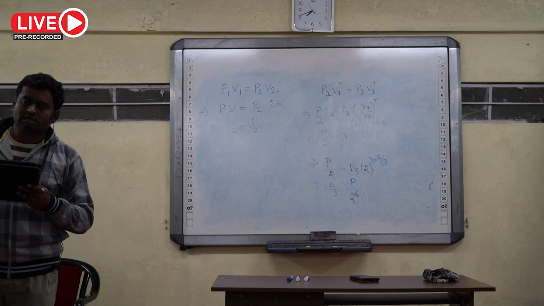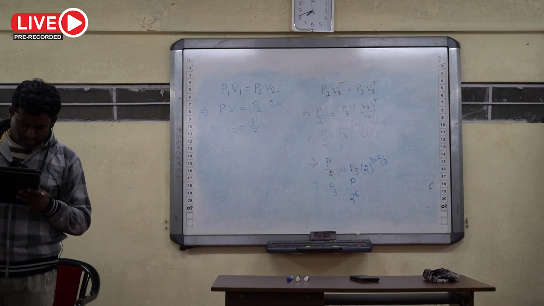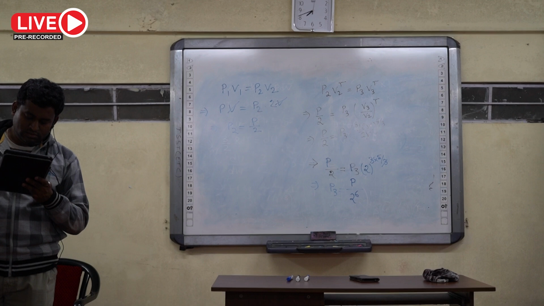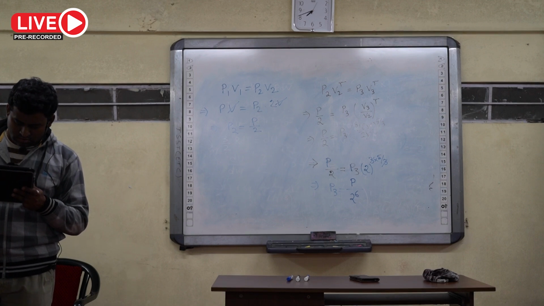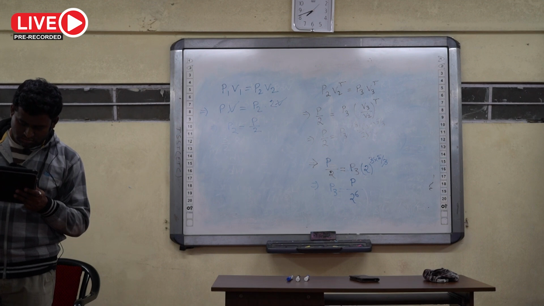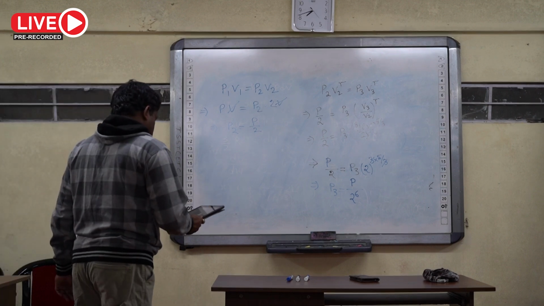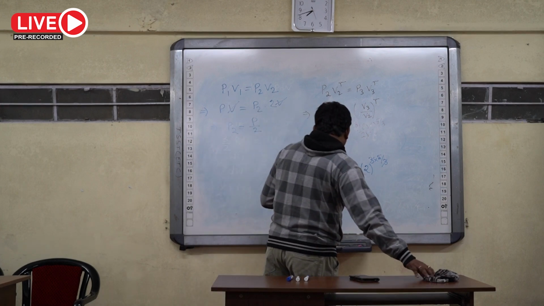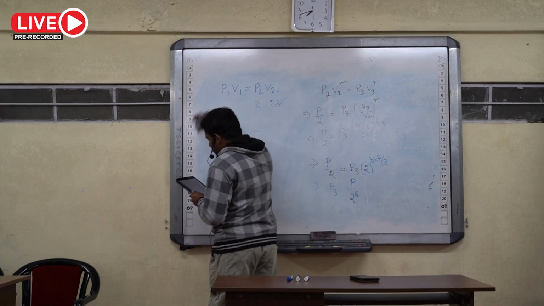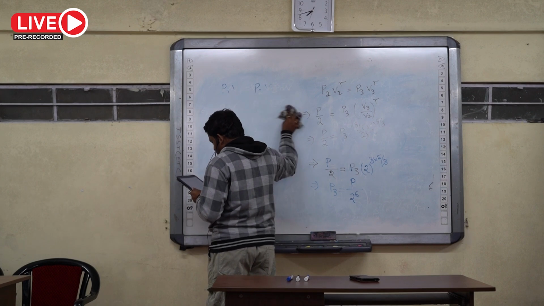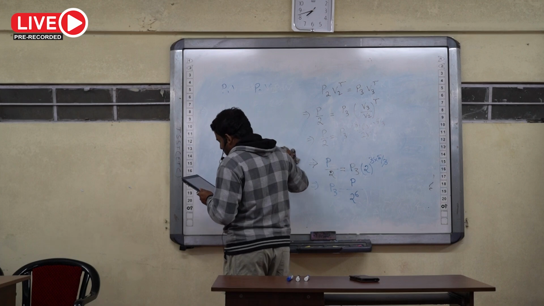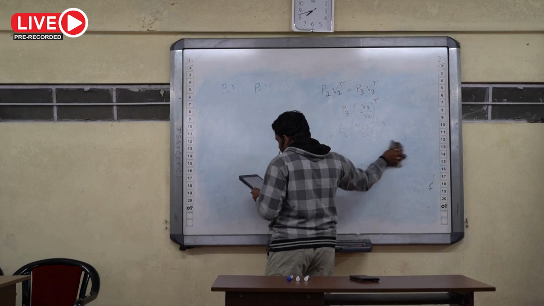Write down question number 32. One mole of an ideal diatomic gas undergoes a transition from A to B along a path AB.